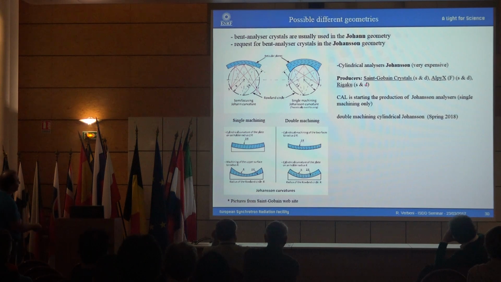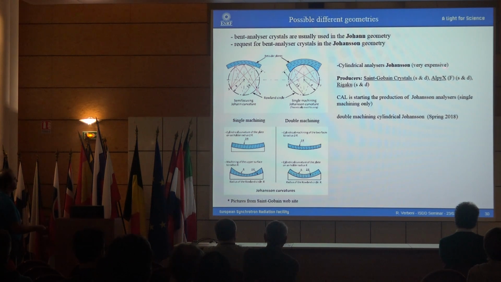So these cylindrical Johansson analyzers are very, very expensive. You can buy them from several companies, such as Saint-Gobain Crystals, who propose single machining and double machining. You can also have a startup in industry that is starting to learn how to do it with single and double machining.